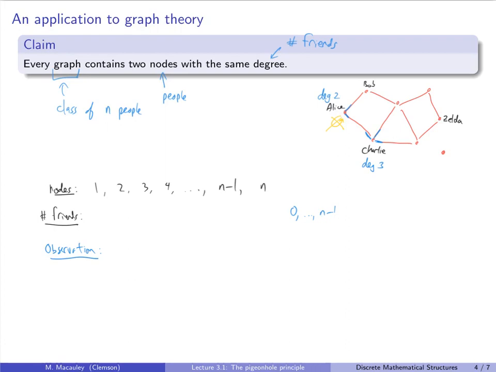Because degree 0 means no friends, and degree n minus 1 means friends with everyone. And these are mutually exclusive. If one person has no friends, then nobody is friends with everybody.